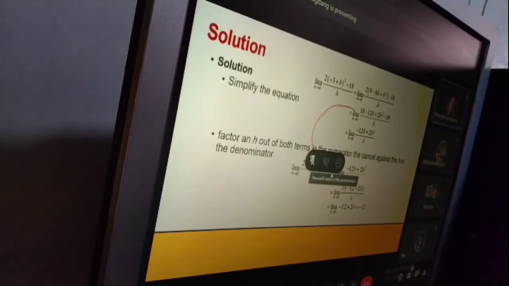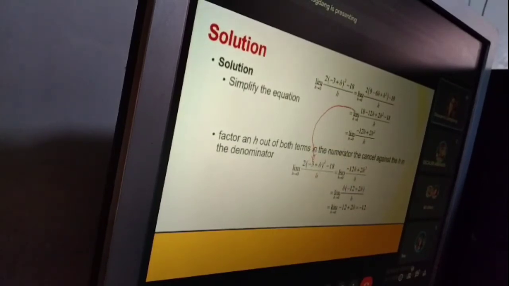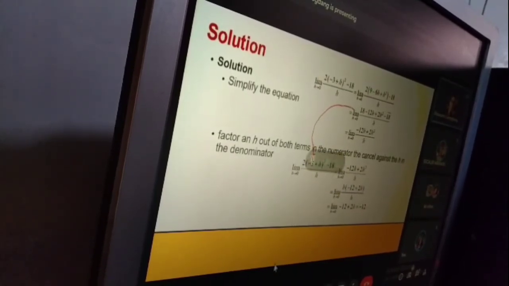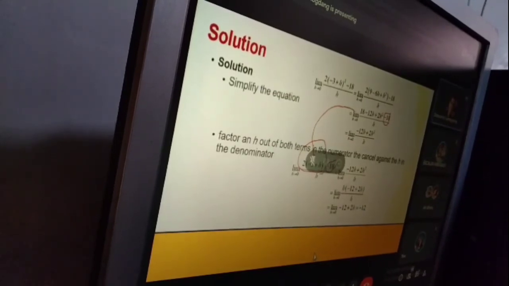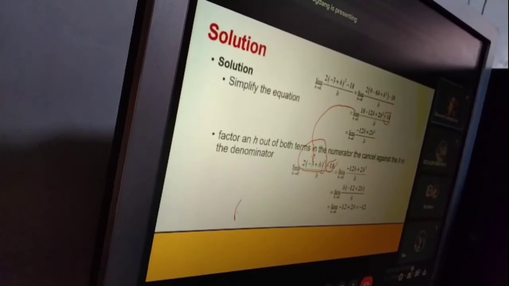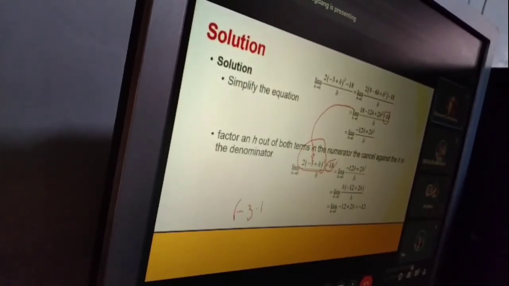Pwede yung approach ko kanina, o ito siya, kung saan mas maganda sa'yo. Itong negative 18, walang problema. Ang problema ng bata, sir, paano nagiging ganito yon? Okay. Alam natin na ang negative 3 plus h na naka-square ay katumbas ng negative 3 squared, 9.